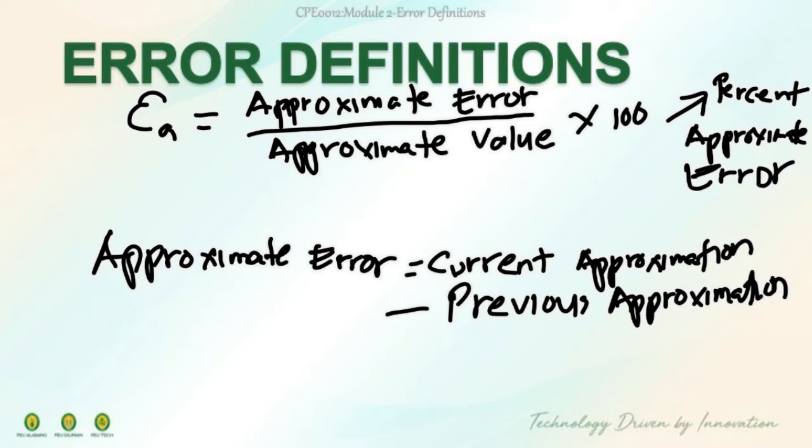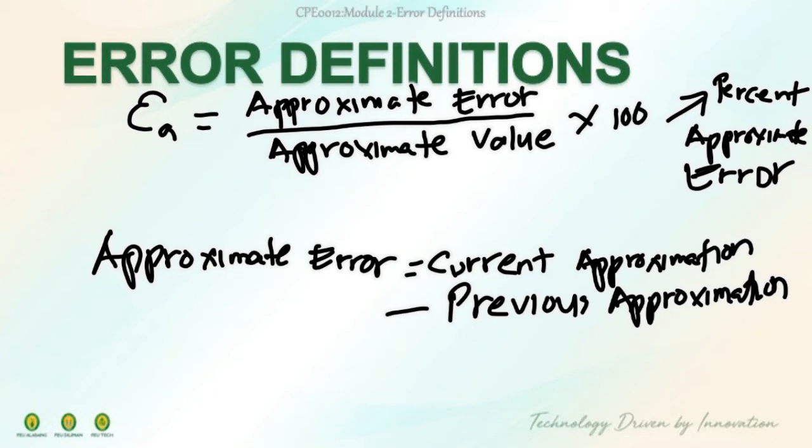And that gives us some idea of what our approximation error is, and we have to do this because we don't always know what the true value is. In fact, we seldom know what the true value is.